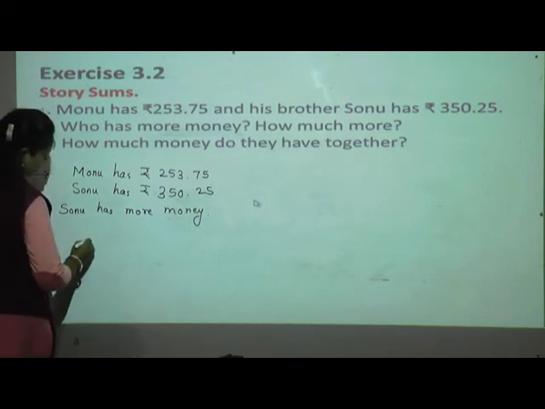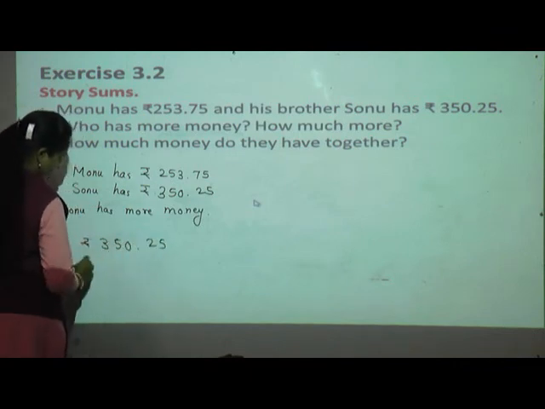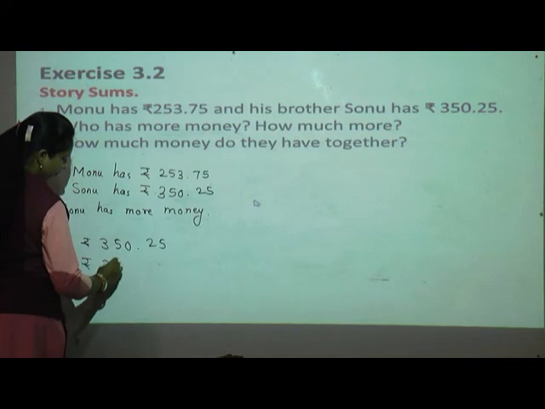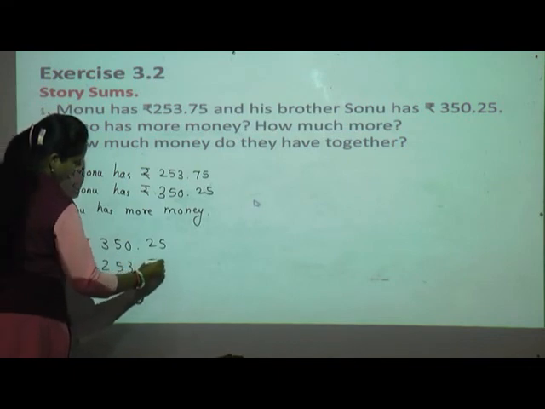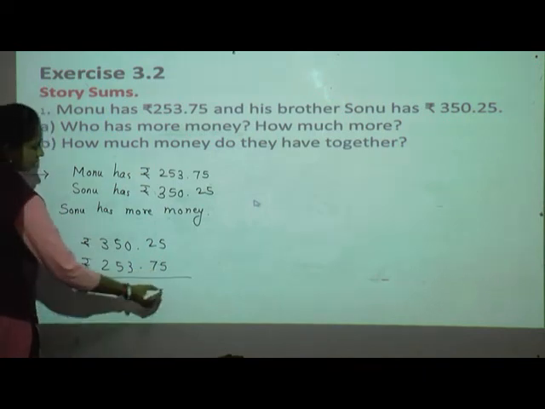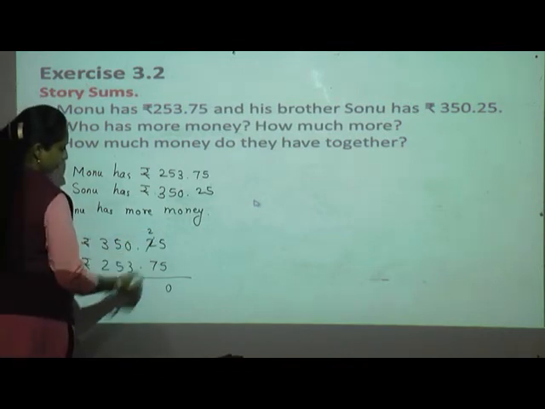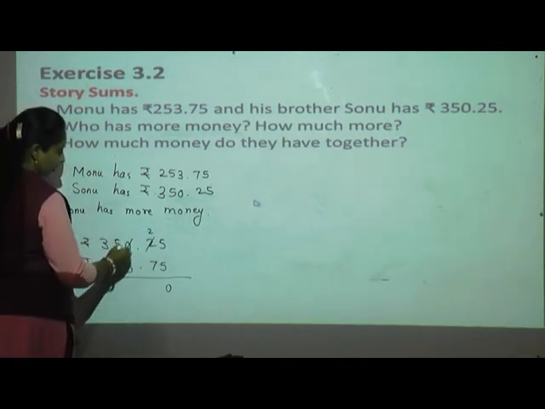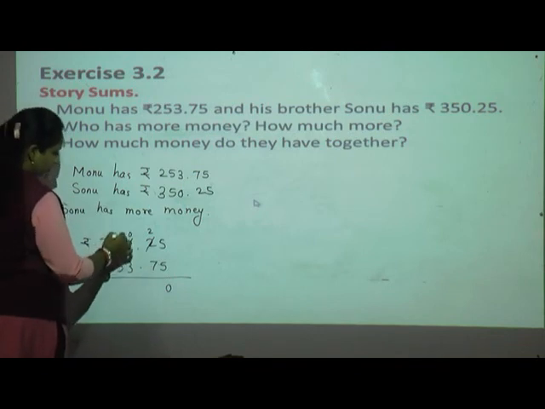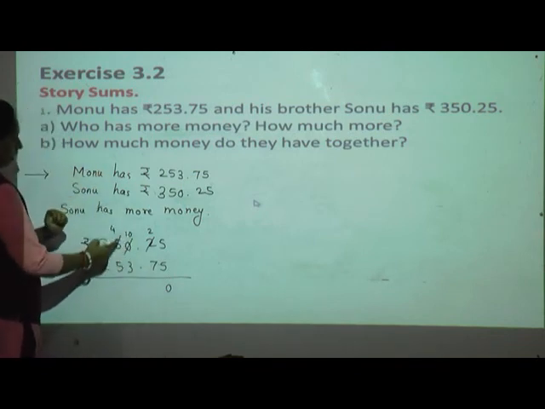So I will do 350.25 rupees minus 253.75. 5 minus 5, 0. 2 minus 7, we can't do, so cut the 2 and write it as it is, and borrow from the neighbor. The neighbor doesn't have any, so go to the next neighbor, who has 5. He will give 1, and 4 will remain.